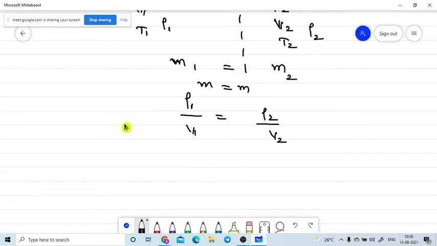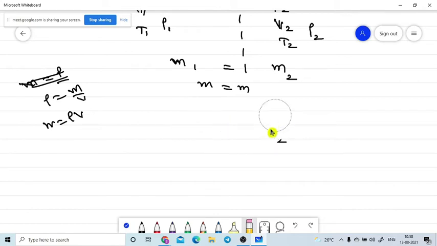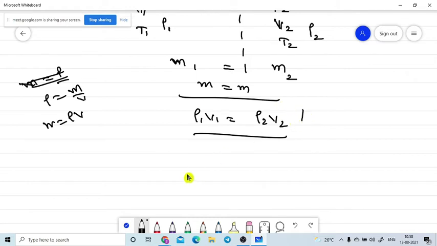Okay, sorry, I confused here. Density ρ is equal to mass by volume, so mass is equal to ρ into V. Then ρ1 V1 is equal to ρ2 V2. This is the relation. Keep it aside, I will use this one after some time.